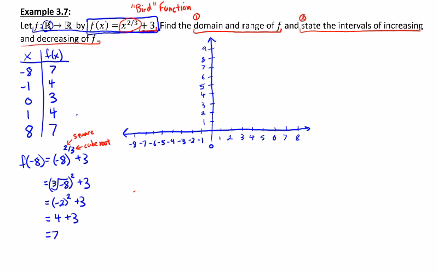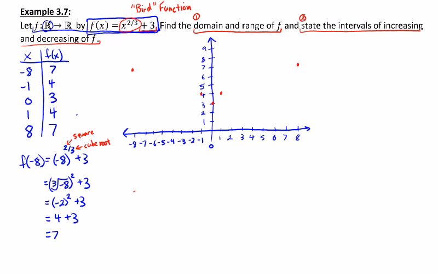Let's start plotting points. -8 goes to 7. -1 to 4. 0 to 3. 1 to 4. And 8 goes to 7. So our job now is going to be to connect the dots to make the curve. We should be seeing a pattern that looks really just like the bird function, except we're not going to be using the origin.